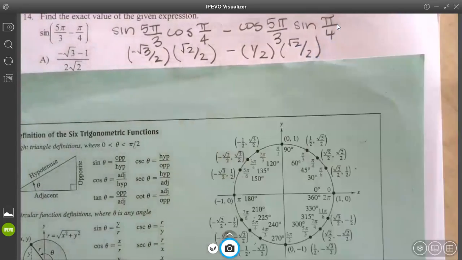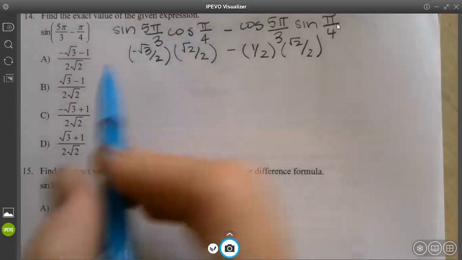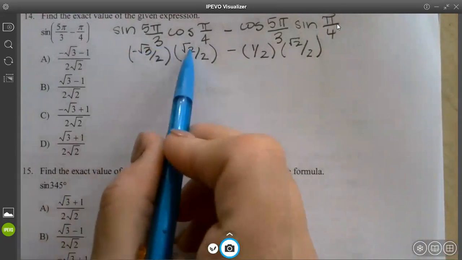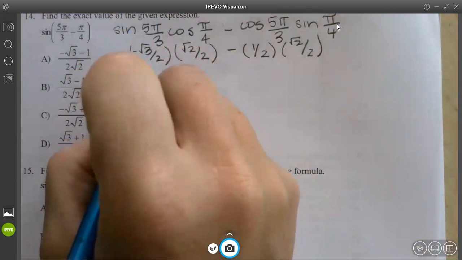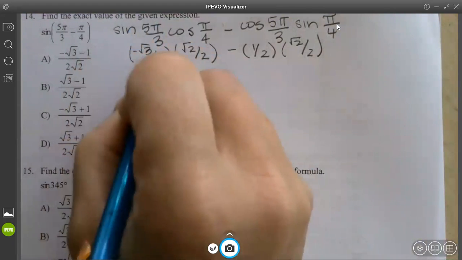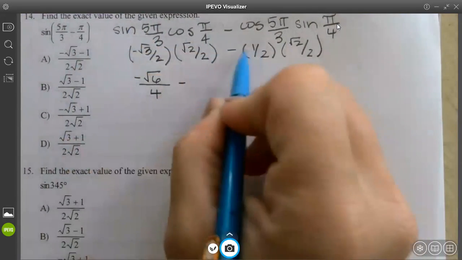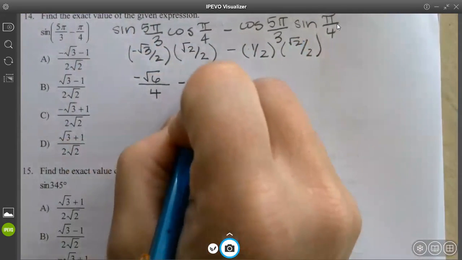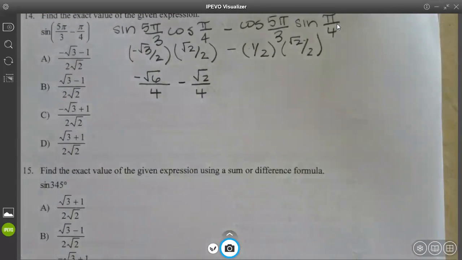Yeah. Multiply them together. Square root of 3 times the square root of 2 is square root of 6. 2 times 2 is 4. On the other side, 1 times the square root of 2 is... Now what do I do?